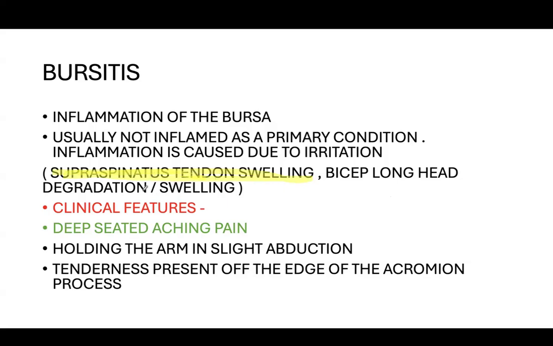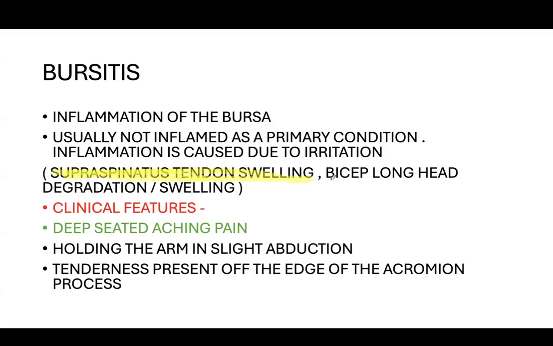This is because it's always dragging around. We'll learn why it's usually the culprit in most cases, but the supraspinatus could be swelling, and it will cause irritation, and this irritation will be transferred to the bursa and cause bursitis.